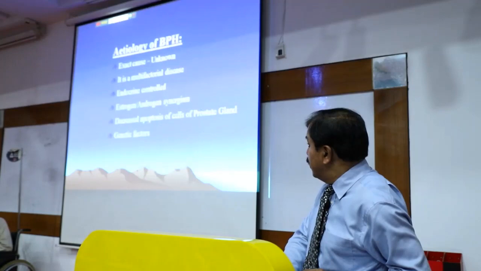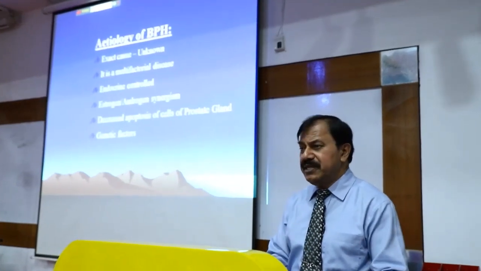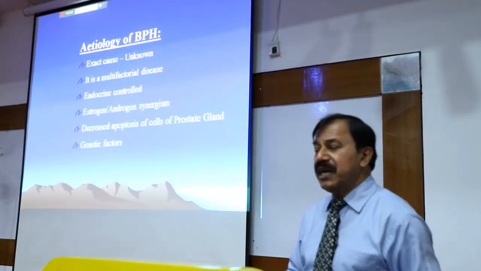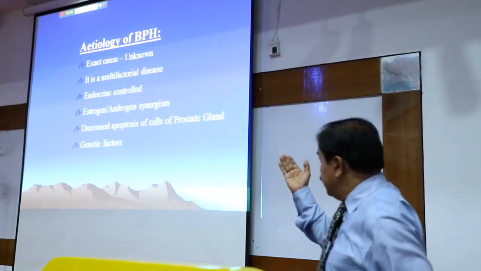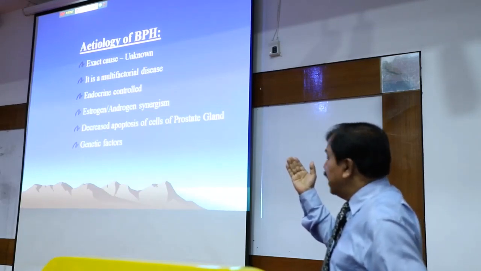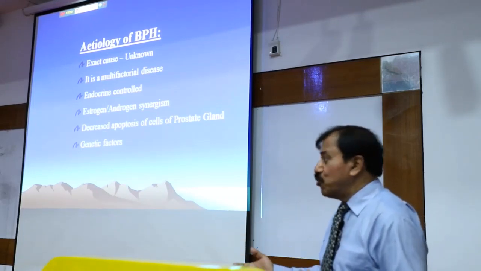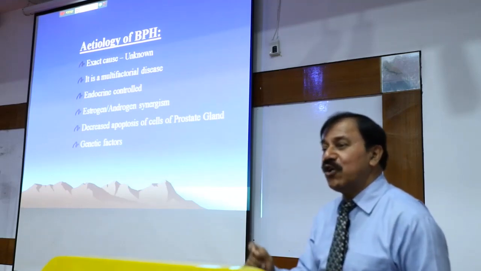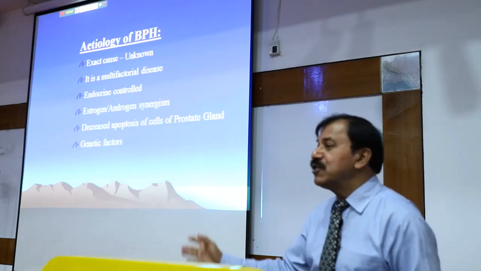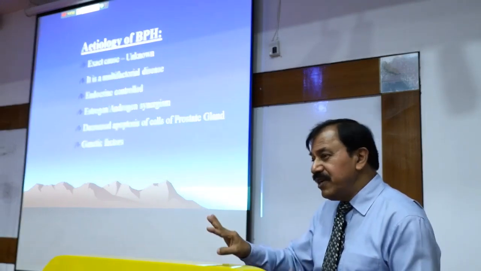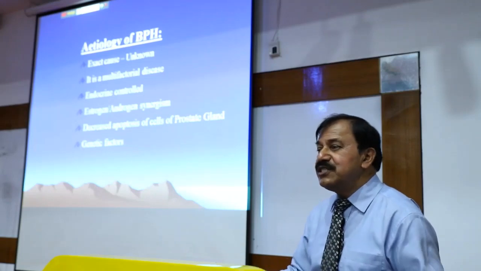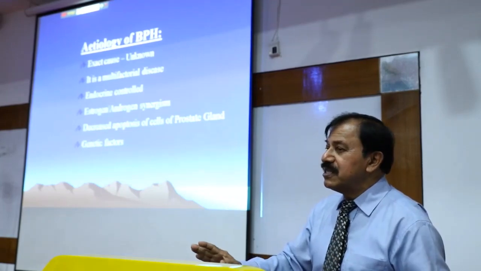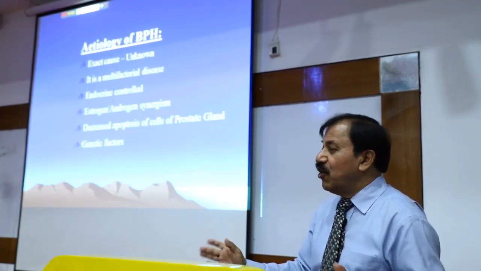And what is the etiology of BPH? Number one, the exact cause is not known, but there are some hypotheses. It is a multifactorial disease, with many factors related to producing this problem, and endocrine control. Testosterone is the main cause. If testosterone is absent, there is no enlargement of the prostate. If in boyhood the testis is removed, the factory from where testosterone develops, the person will not develop any BPH or enlargement of the prostate.